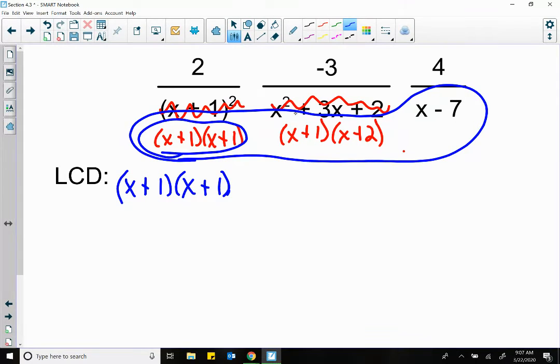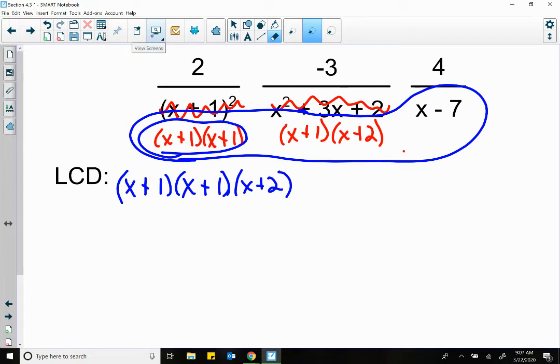Well, the x plus 1 is covered right here, so that's good to go. But notice there's no x plus 2 down here. And as I said earlier, the LCD has to be made up of everybody, so let's add in an x plus 2.